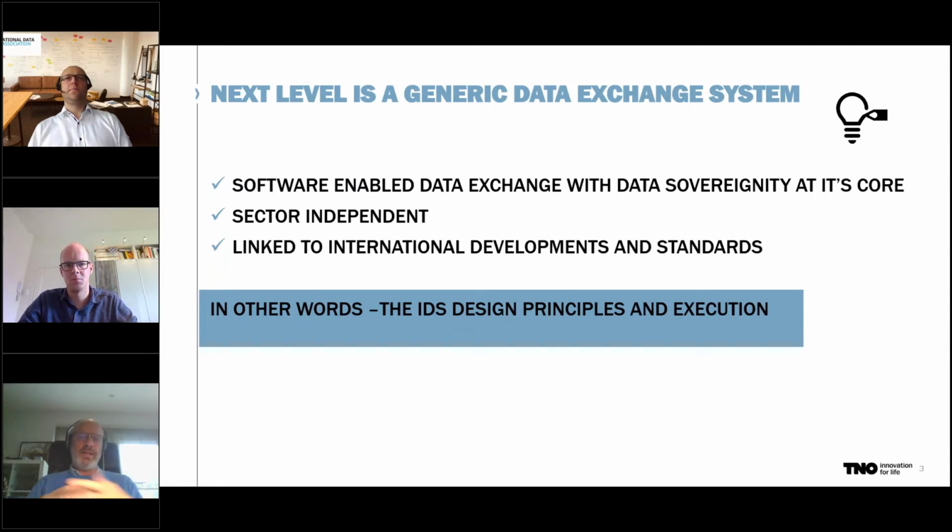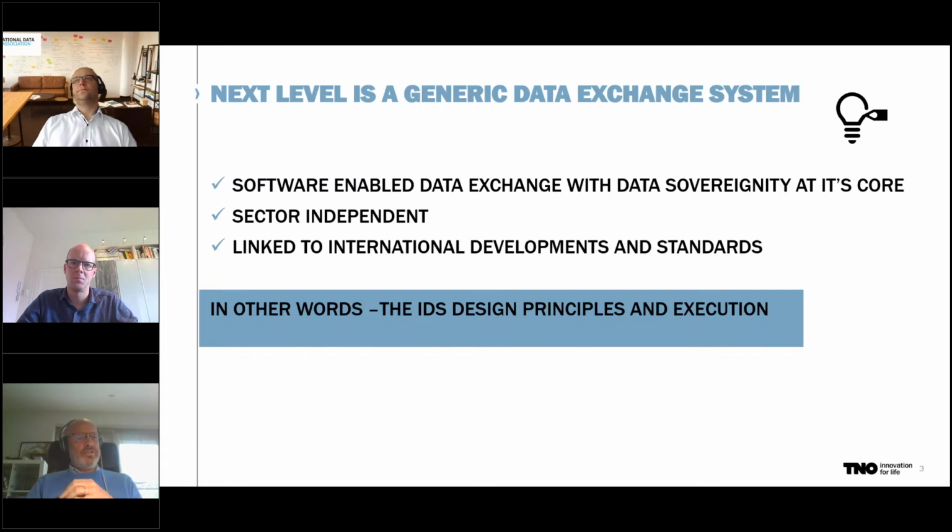So a many-to-many data exchange situation without a man in the middle, and in a situation where we use similar protocols, similar standards, such that we are not vendor locked in any shape or form. A second element is that it should be software enabled, so not just standing there as a set of standards without any implementation perspective, and also software being used to enforce some of the mechanisms that we want to deploy.